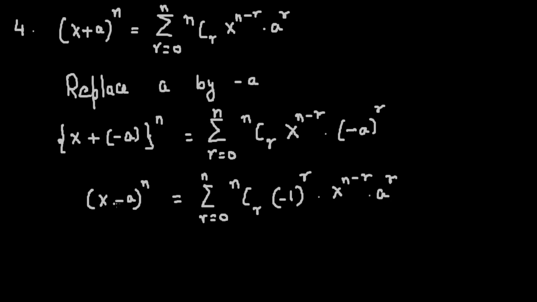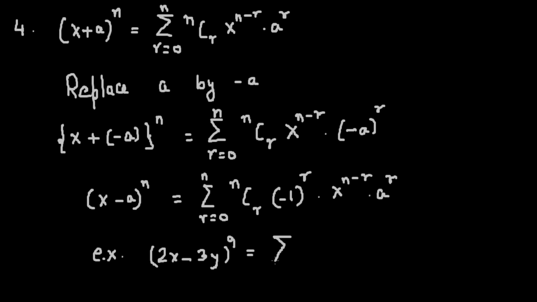So we can work with (x plus a) and (x minus a). We have already worked out some problems in lecture number 1. There's one question that I worked on: (2x minus 3y) all raised to the power 9. I'm not going to solve it. If you want to find the solution, you can go to lecture number 1. Here I'm only going to rewrite it in notation form.